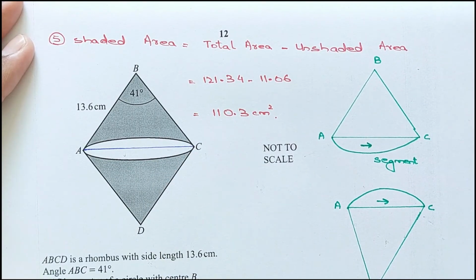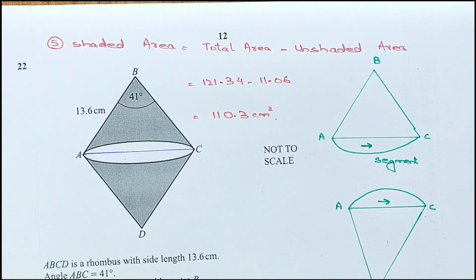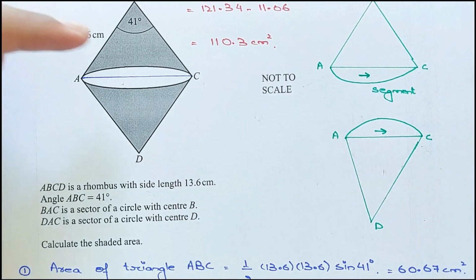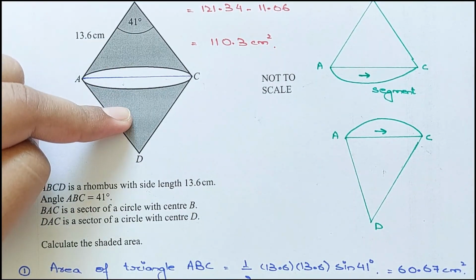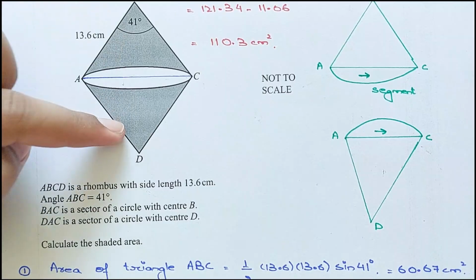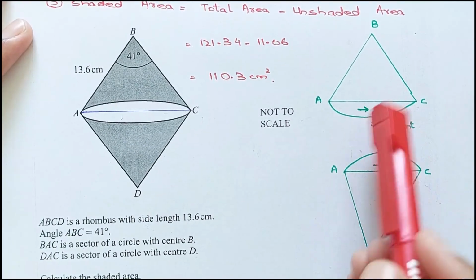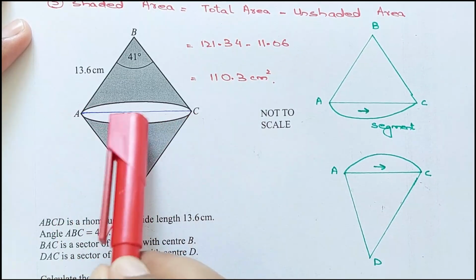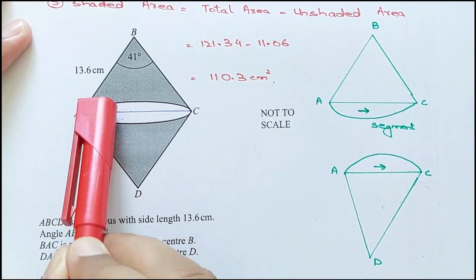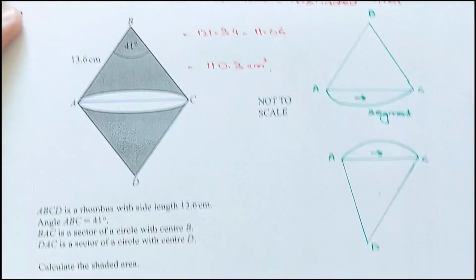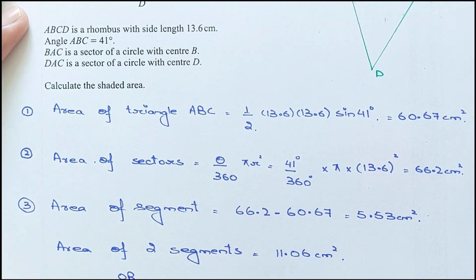Let me explain this question one more time. The first thing is we have to calculate the area. In the first step, I calculated the area of two triangles, ABC and ADC. Then I did the two sectors, right? The next thing is we have to find the area of the segments, the bottom one and the top one, by taking the sector area and subtracting the triangle area.